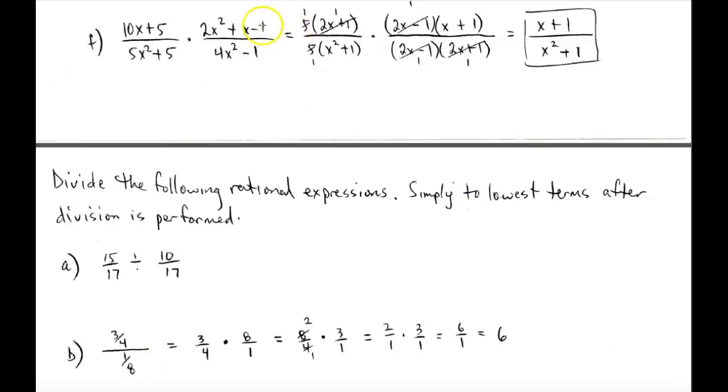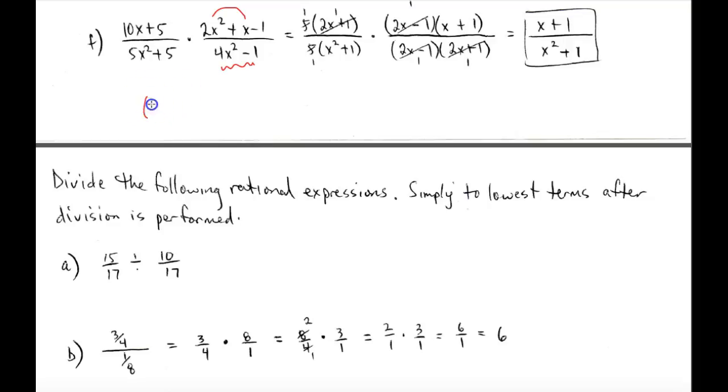In the second fraction, we factor this trinomial, and it ends up being 2x minus 1 times 2x plus 1. And then in the denominator here, we recognize that that is another difference of 2 squares.